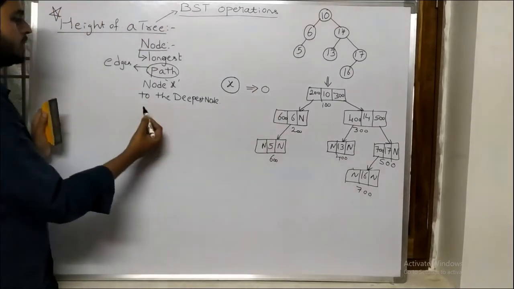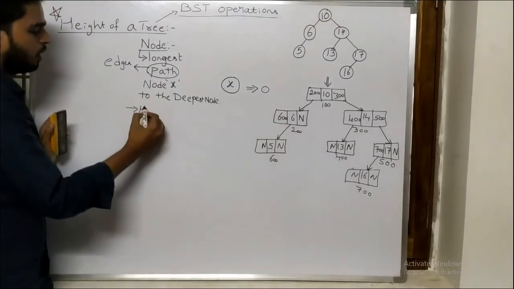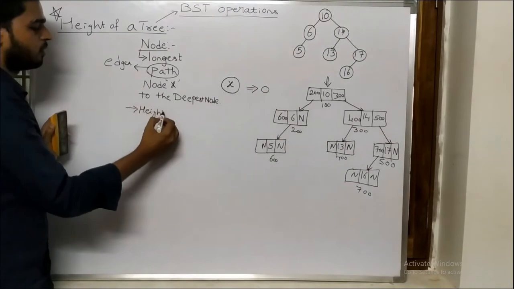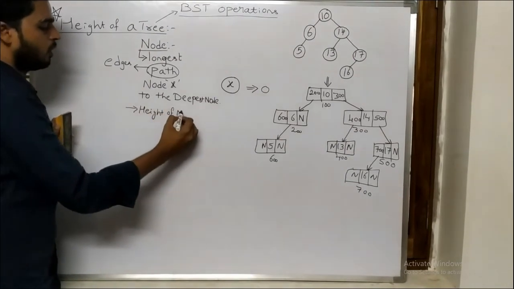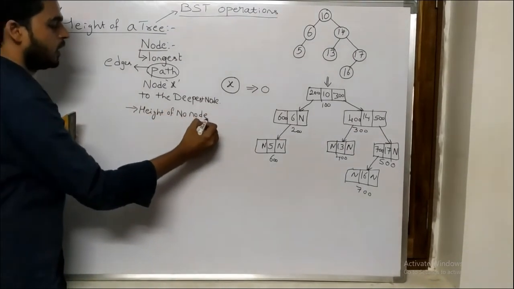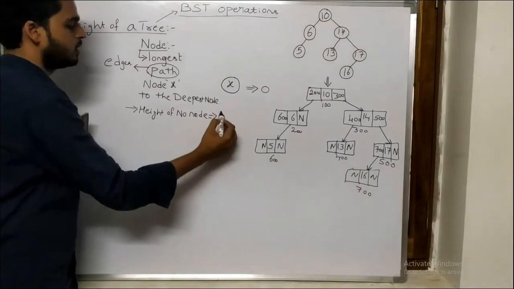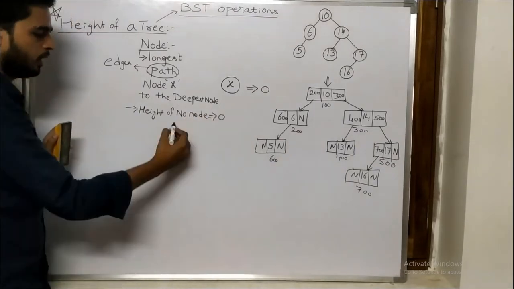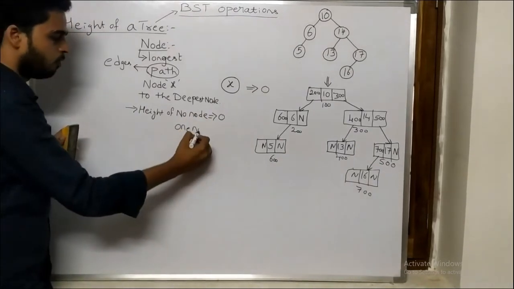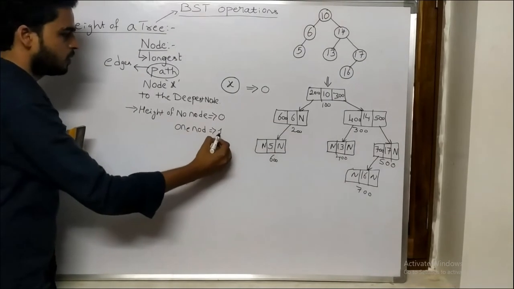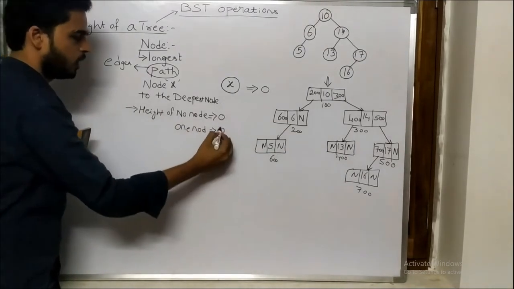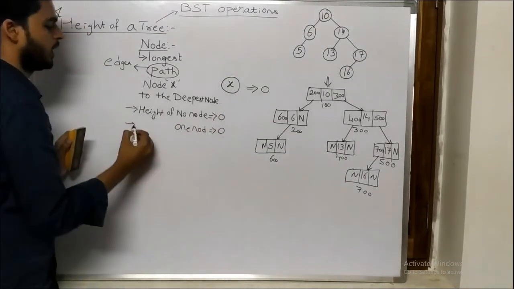I mean what I am saying is, if a node doesn't exist, then its height is 0, or height of one node is 0. That is what I am saying.